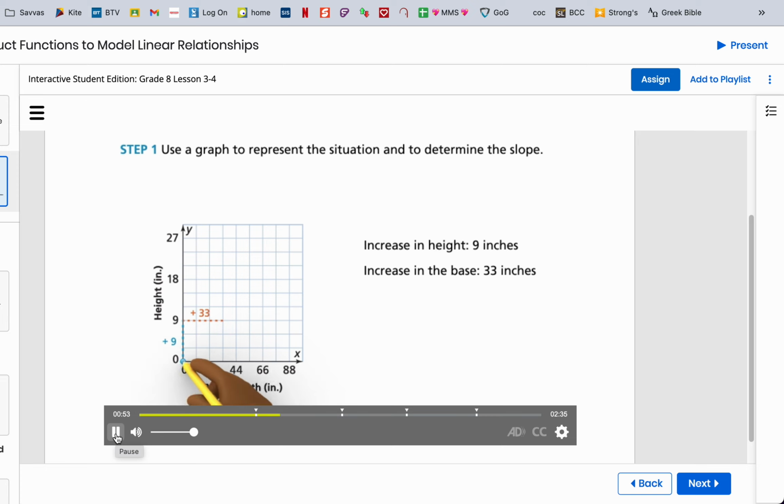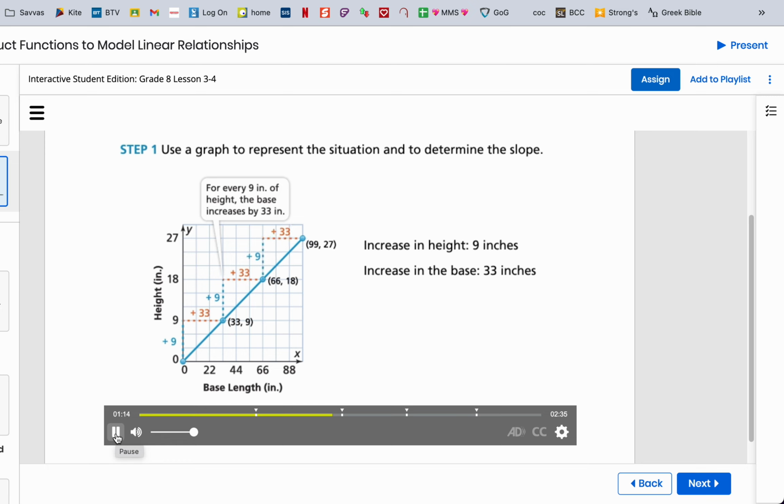So the point with coordinates 33, 9 represents one possible base length and height of the ramp. A second increase of 9 inches in height and 33 inches in base length represents another possible height and base. The line shows that for every 9-inch increase of height, the base length increases by 33 inches.